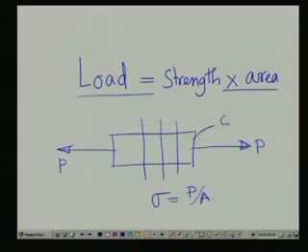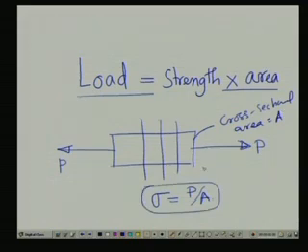A is the cross sectional area. So, you understand sigma equals P divided by A. Or, the other way, if we write it in this manner, this comes out to be sigma multiplied by A.